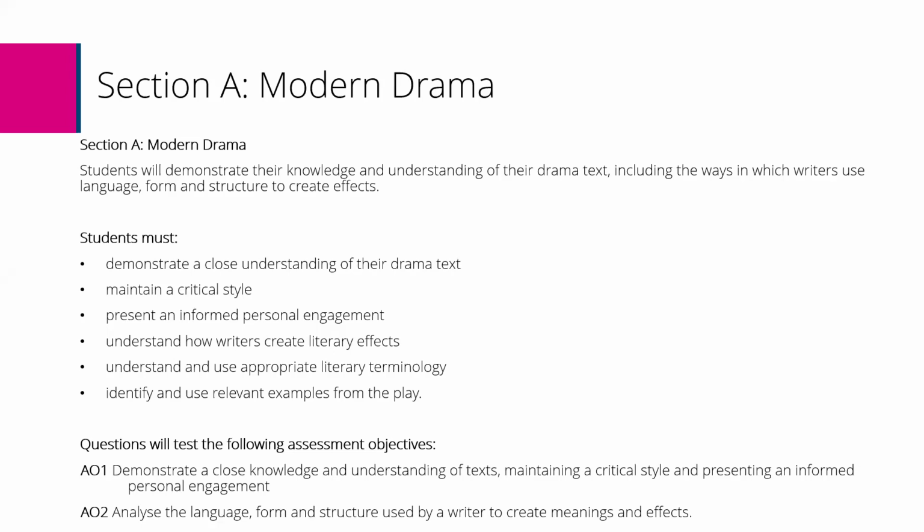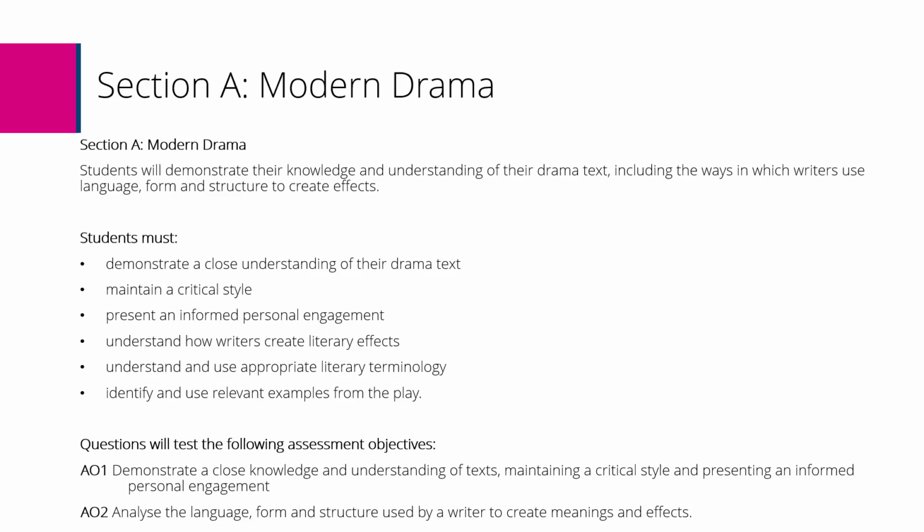So we're looking at a close understanding of their drama text, a critical style, an informed personal engagement, how writers create literary effects, the appropriate use of literary terminology, and identify and use relevant examples from the play.